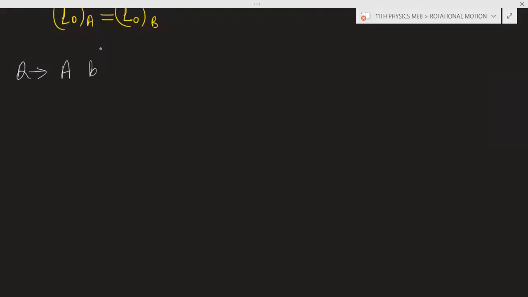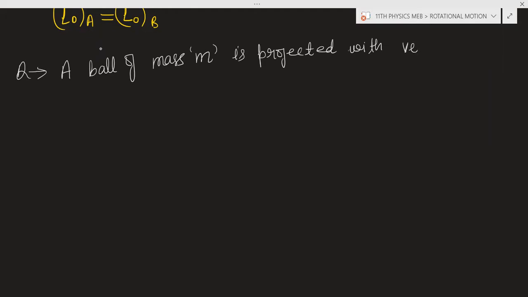A ball of mass m is projected with velocity v at an angle of 45 degrees with respect to the horizontal.